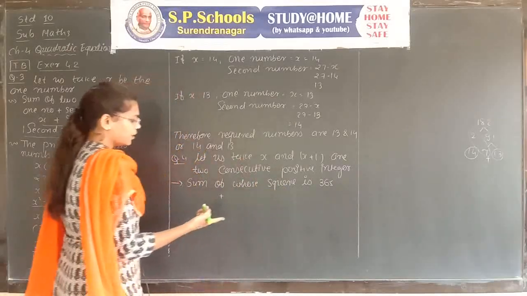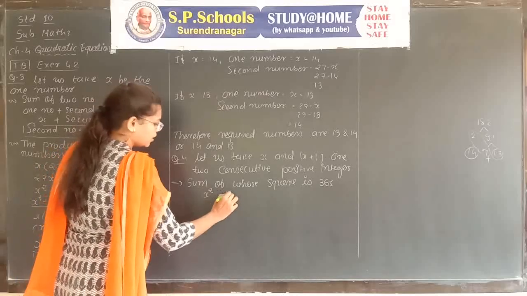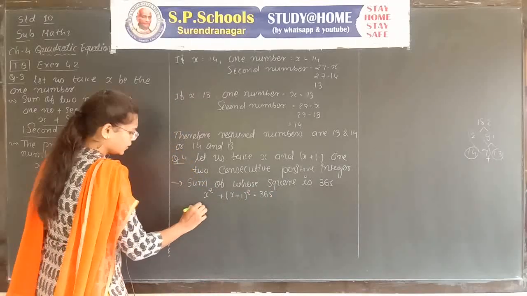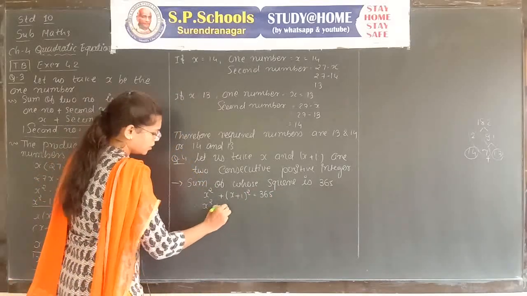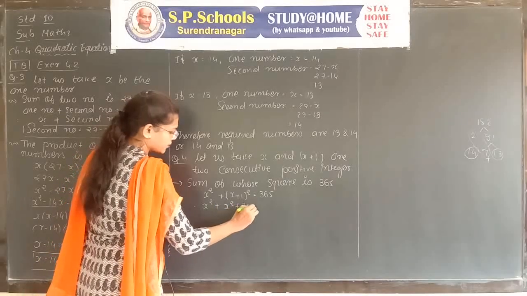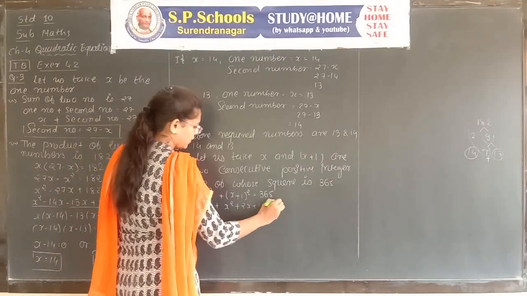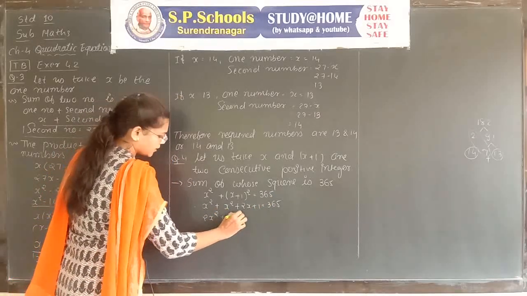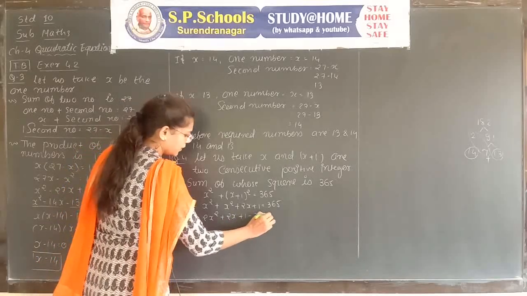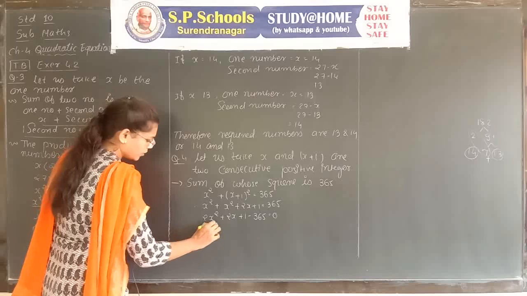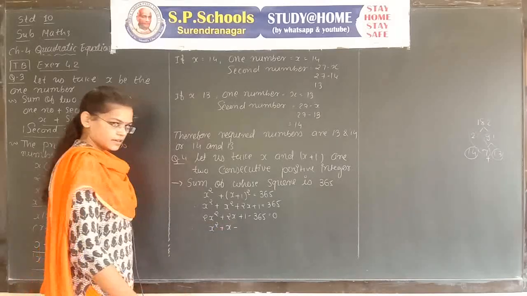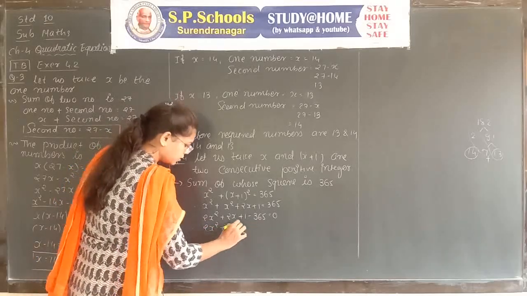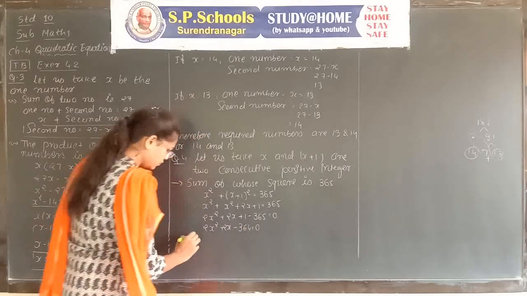Squares of the numbers, meaning x square plus (x plus 1) whole square equals 365. That is, x square plus x square plus 2x plus 1 equals 365. So 2x square plus 2x plus 1 minus 365 equals 0. Now 2 is common, giving x square plus x. For that, first write it as it is. First we do the subtraction: minus 364 equals 0.